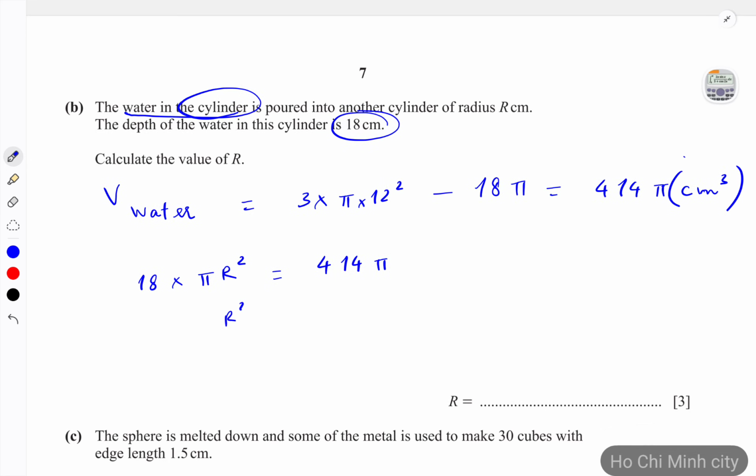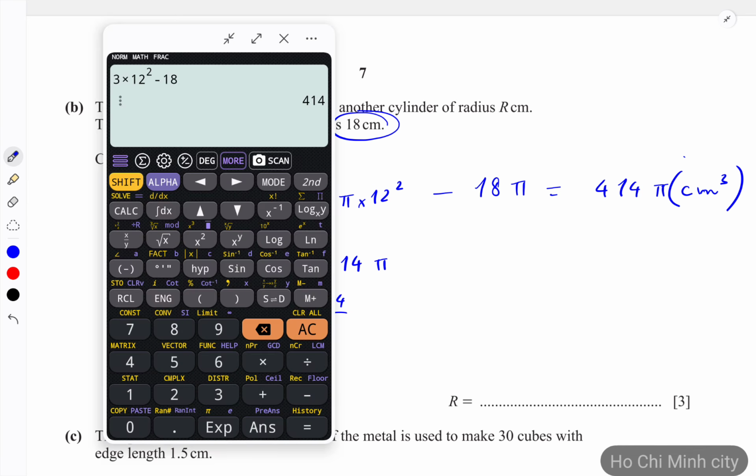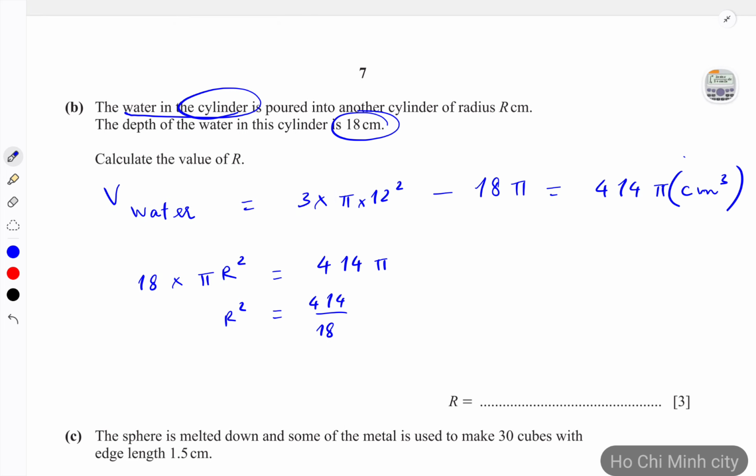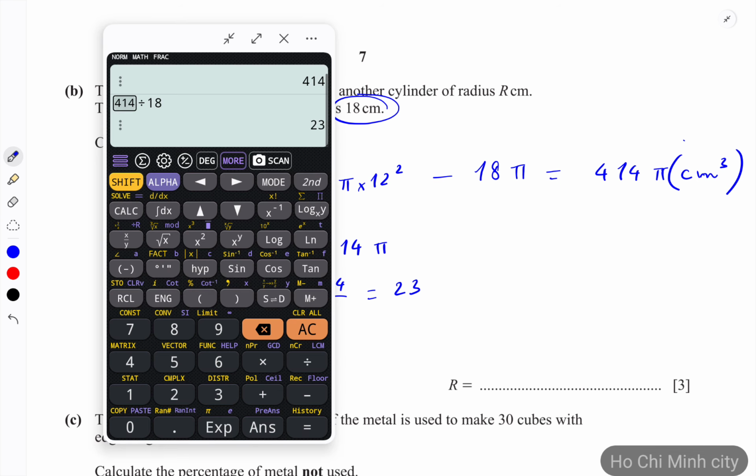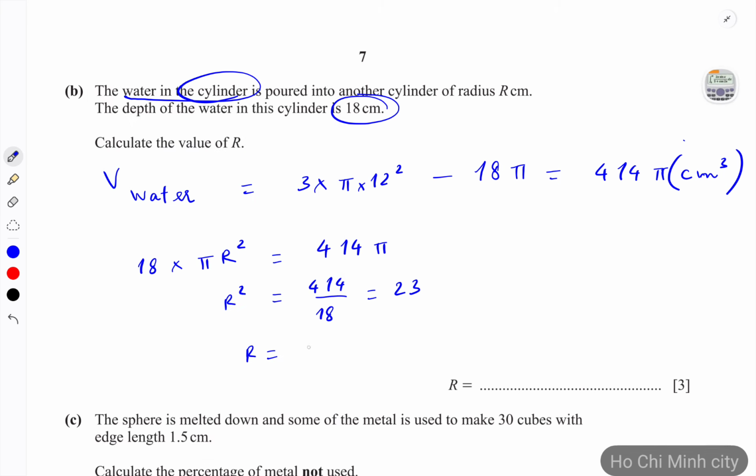So now we have r squared is 414 divided by 18. And we have 23. So now the radius is square root of 23. And the answer is 4.8, right? 4.80, because we need to report the answer with 3 significant figures.